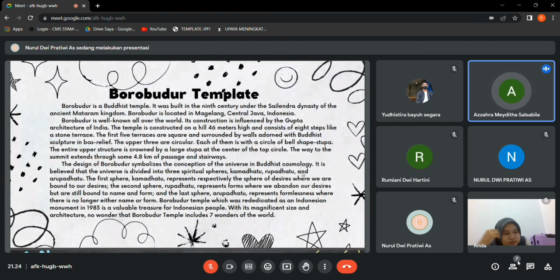Okay, so the title of the text is Borobudur Temple. I want you guys to please read the text first, and after that, I will ask some questions related to the text.